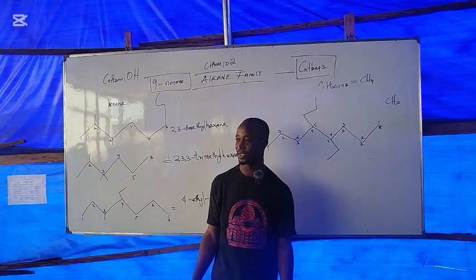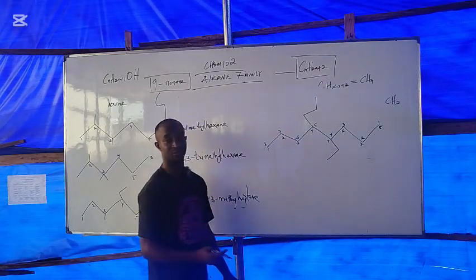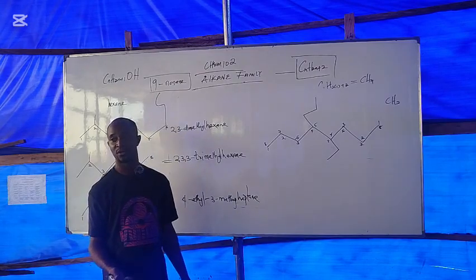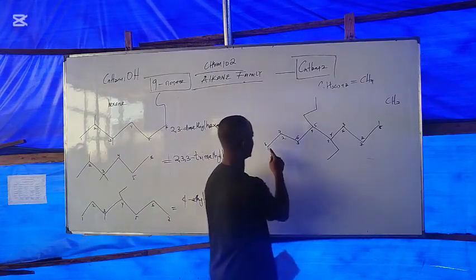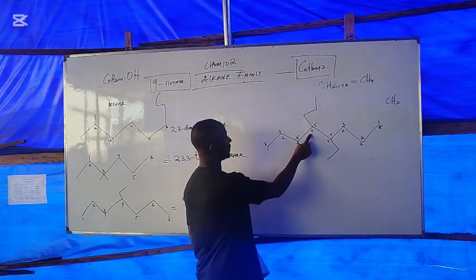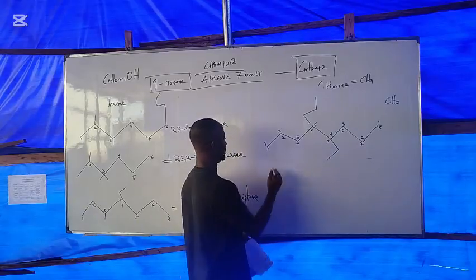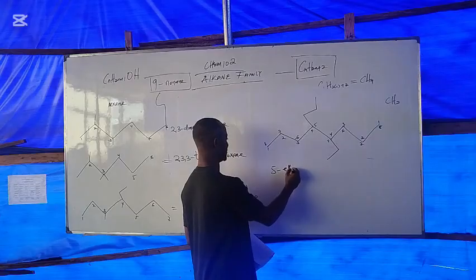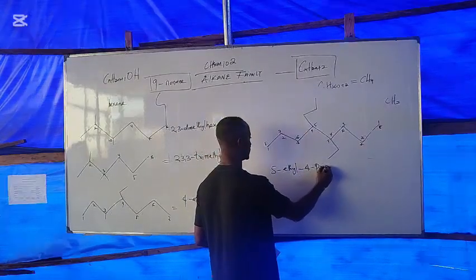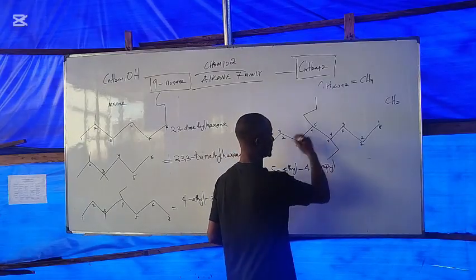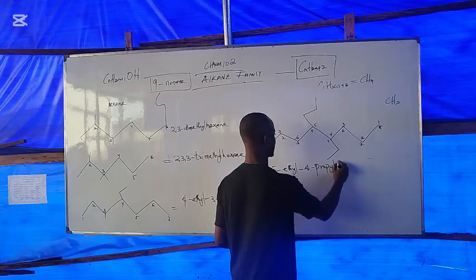Now we have 2 substituents, right? Propyl and what? Which one becomes first? Ethyl. Let's go this way first. 1, 2, 3, 4, 5. This is 5 ethyl. This is 4 propyl. What's the parent's name? Octane, thank you.